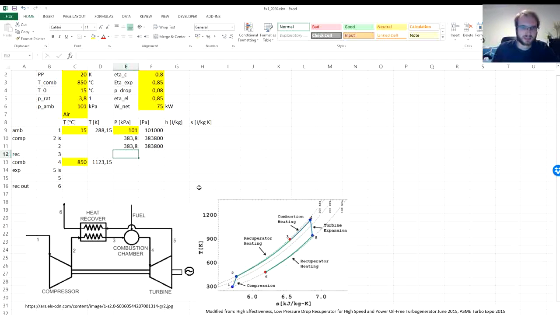But in our case, it's not the same anymore, because here we calculate with the given pressure drops, and the pressure drop is 8% of the absolute pressure. So that means the pressure 2 times 1 minus 8%, and we get the pressure at point 3.